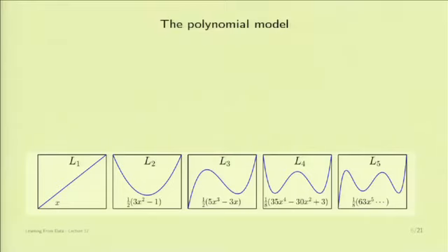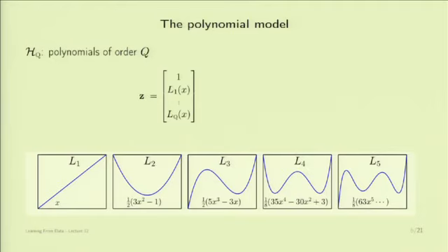So what is the model? The model will be H sub Q, which is by definition the polynomials of order Q. Okay? And the nonlinear transformation that takes the scalar variable x and produces this polynomial is given by this vector as usual.